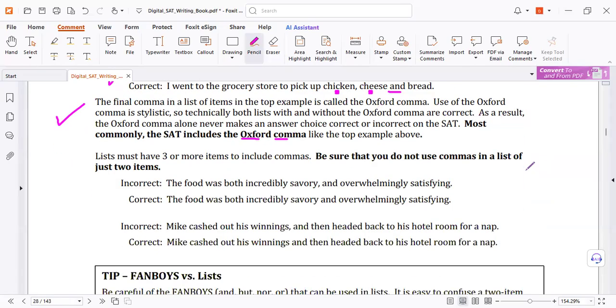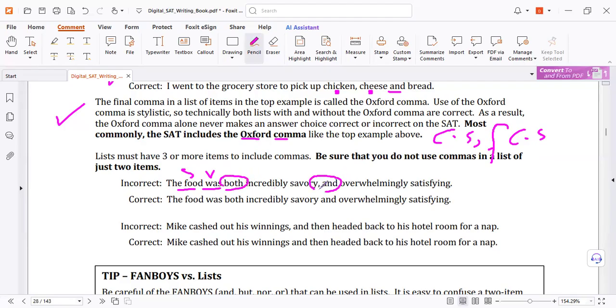Again, check. Don't be confused between comma and FANBOYS. FANBOYS join complete sentences. Now again, the food was, subject verb, incredibly savory and overwhelmingly satisfying. So what is the comparison here? It has both and.